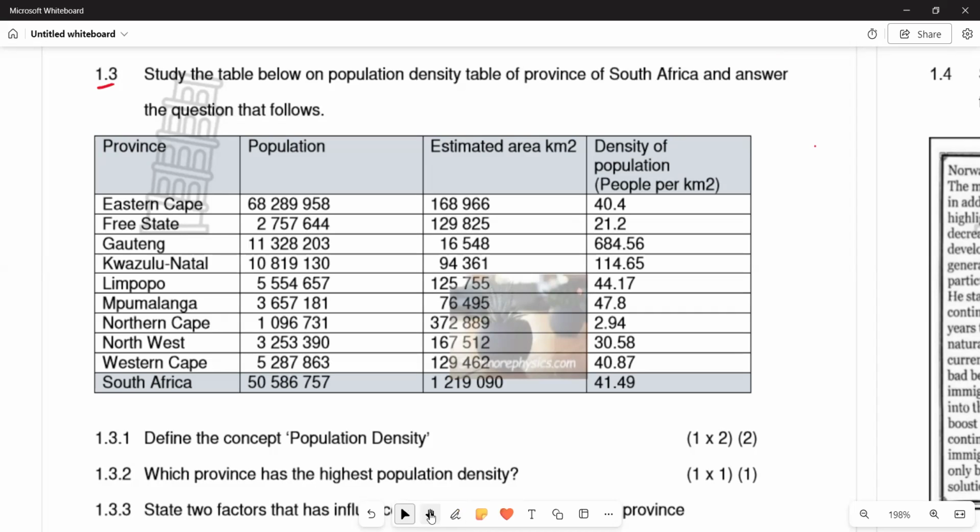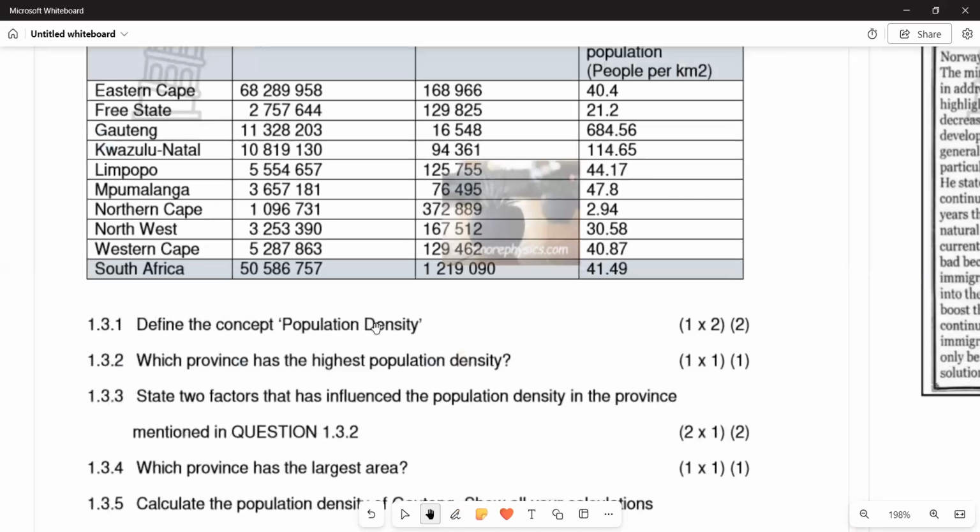The first question reads, define the concept of population density. We'll first want to understand what we mean by population, then we can describe what we mean by population density. Population, in brief, describes the number of people in a single area. In many cases, we define population in the context of a country, so we can put it down as the number of people that live in a country.